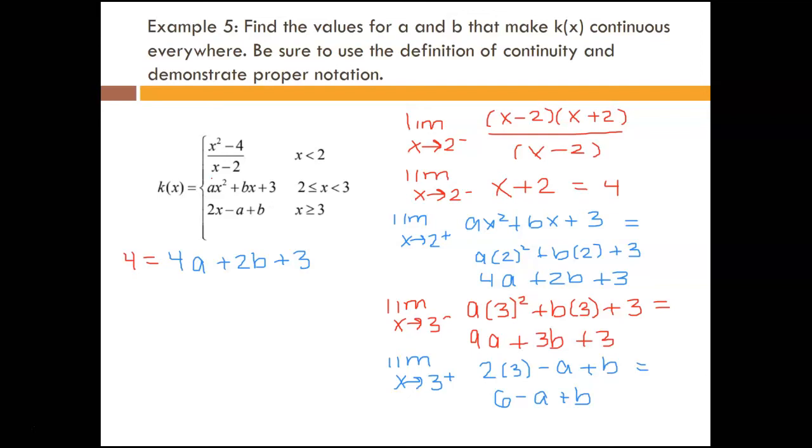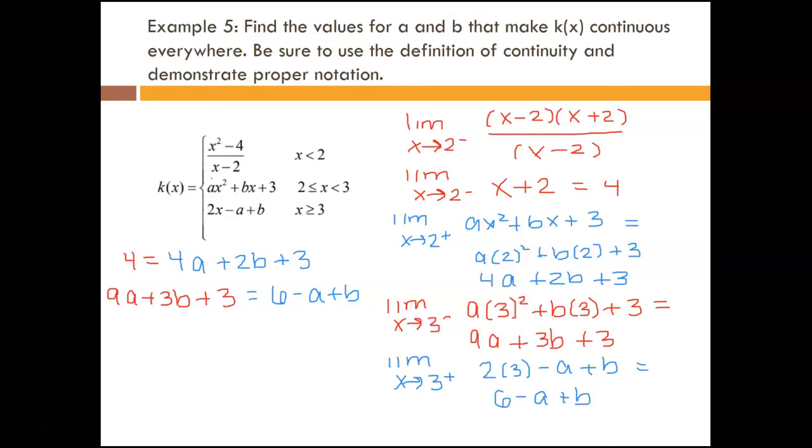Again, in order for this to be true, the left-hand limit has to equal the right-hand limit. So that means that 9a plus 3b plus 3 has to equal 6 minus a plus b.